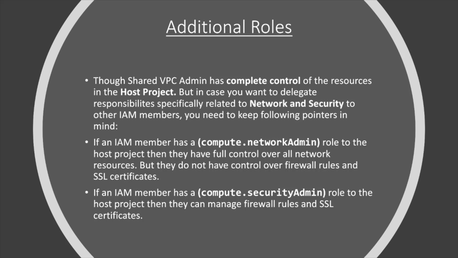If an IAM member has a compute network admin role on the host project, then they have full control over all network resources, but they do not have control over firewall rules and SSL certificates. For that, you'll need to assign another role called compute security admin, with which you can manage firewall rules and SSL certificates.